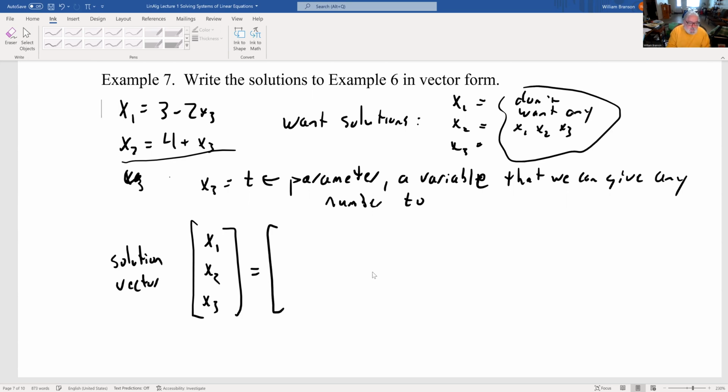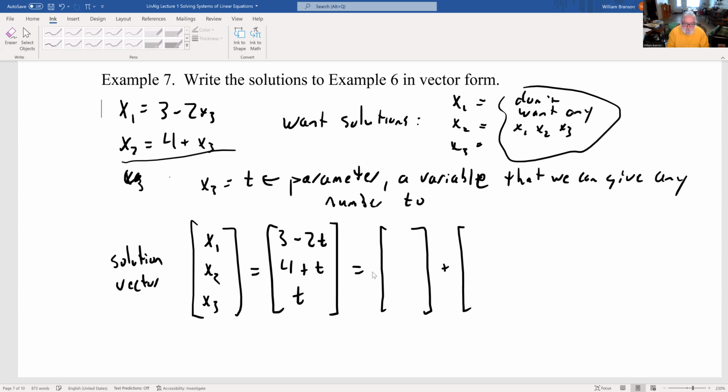Well, X1 is 3 minus 2T, so I replace the X3 with a T. X2 is 4 plus T. And then X3 is just T. And as we did above, we can break this into two vectors, one with the T's in it and one without the T's. So 3, 4, 0, plus T times minus 2, 1, 1.